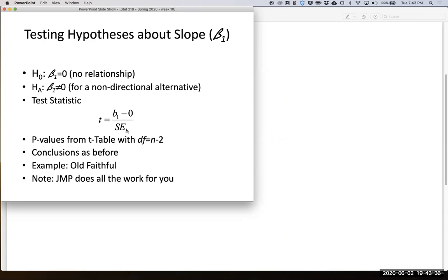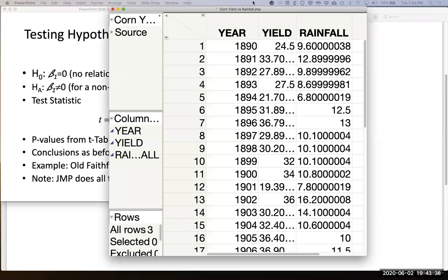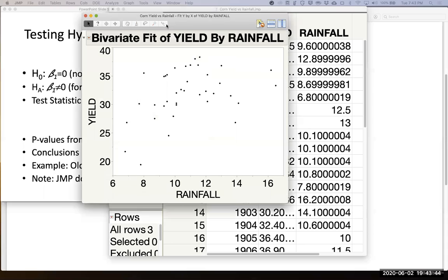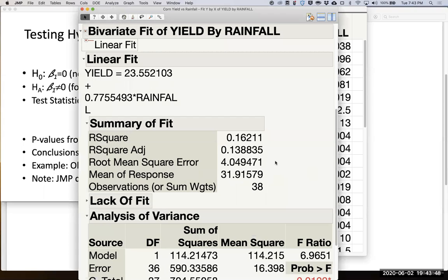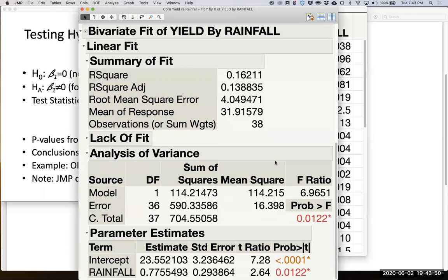Now let's go with the corn yield and the rainfall data. If I were to try and show you a trend line, here's the trend line that we looked at earlier. Fit a line. Down near the bottom, you can see the following, and this is the sort of output that I could give you in the final exam.